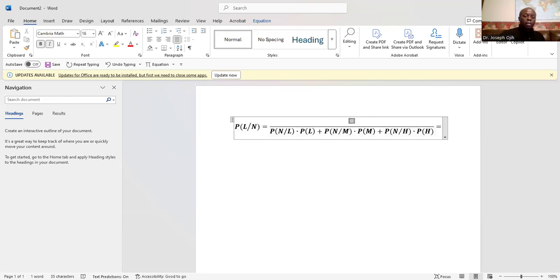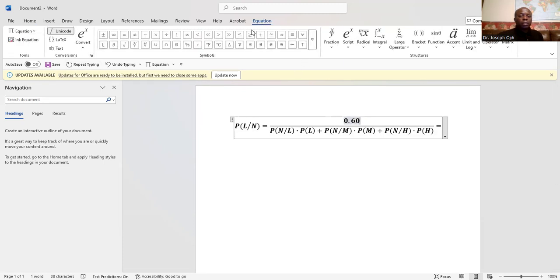No book given light is 0.60, times the probability of light purchase, which is 0.50. So here we're gonna have 0.60 times 0.50.